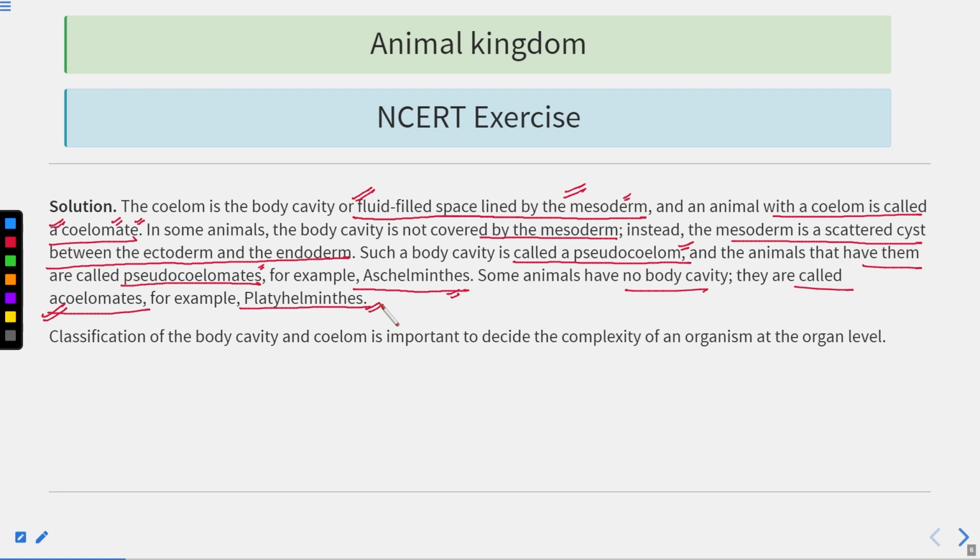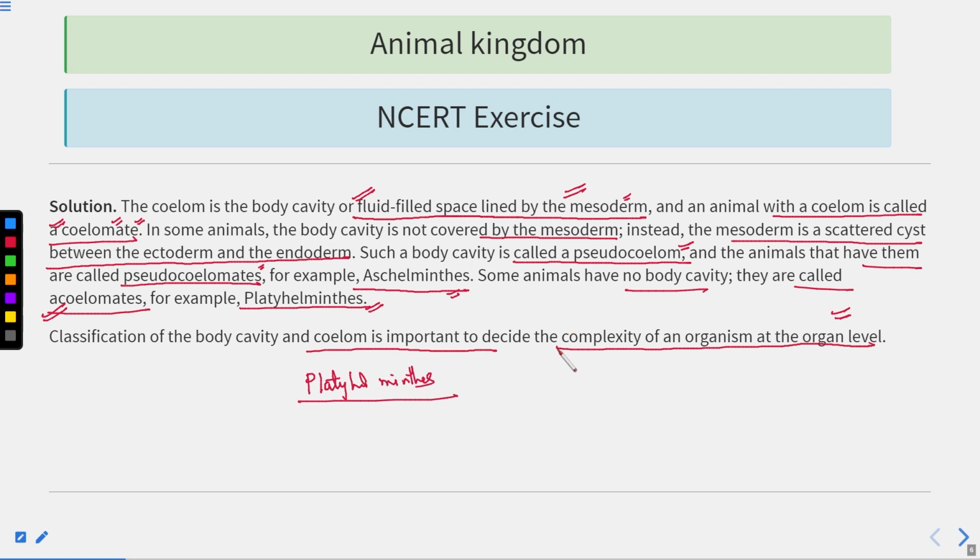Platyhelminthes is the best example showing that they do not have any type of body cavity. So classification of the body cavity and the coelom is important to decide the complexity of an organism at the organ level. So here you see the first thing: when you classify the organism, if you are taking the three different worm phyla, the first one is the platyhelminthes.